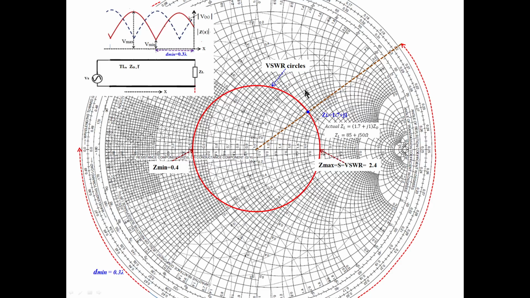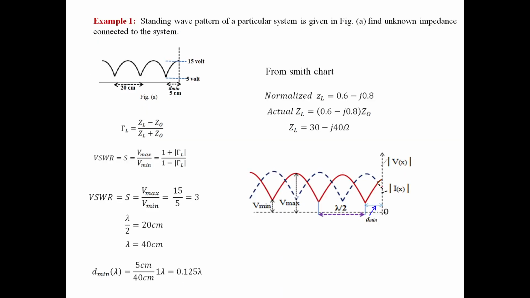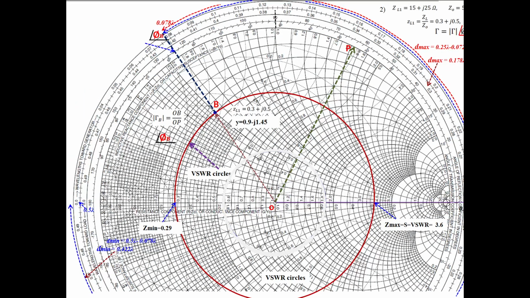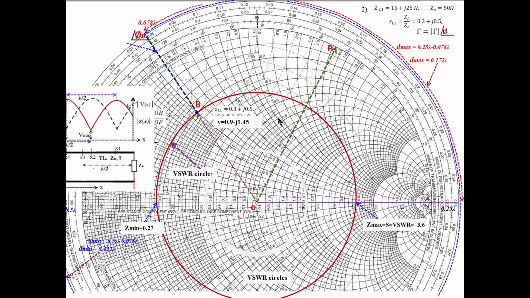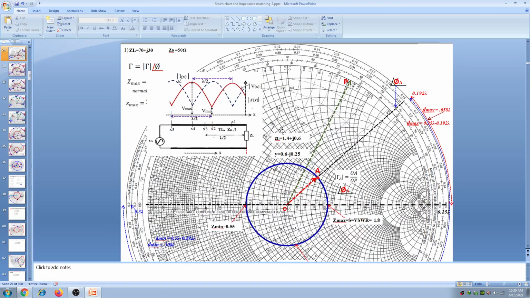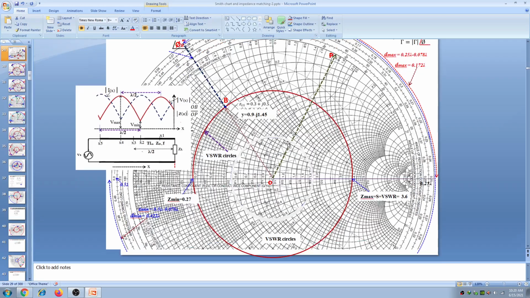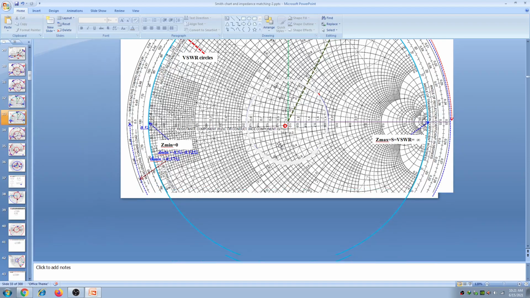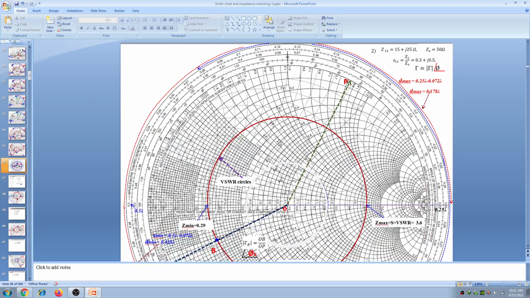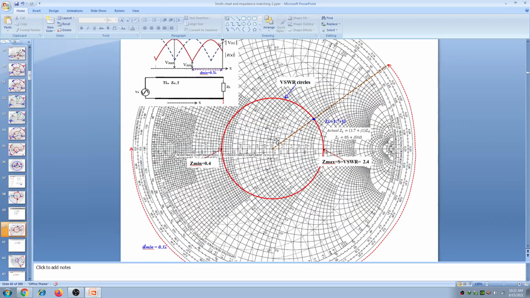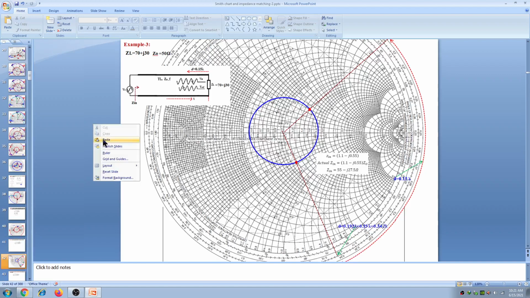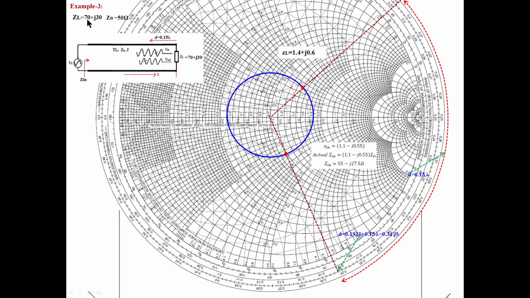The normalized value, which we already did, for 70 plus j30 is 1.4 plus j0.6.